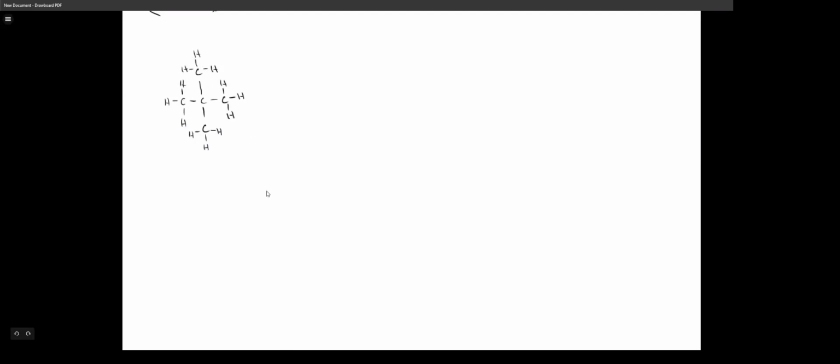Would it be CH3 parentheses 4, C? That's one way to do it. So you could do it this way. This would be the shortest way possible.